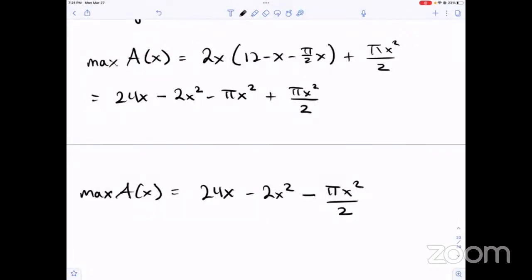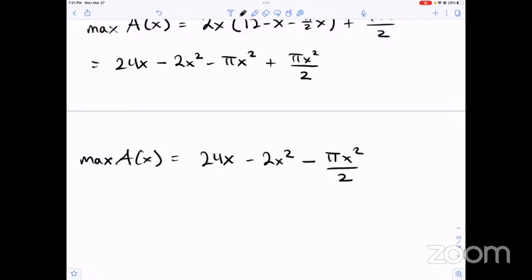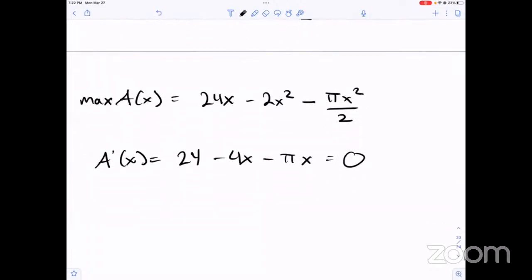So we need to look at A prime of X. So then it's going to be 24 minus 4X. The 2 comes down, minus pi X. We want to set this to 0 and solve for X. So I'm going to move those terms with X's to the right-hand side, and I'm also going to go ahead and factor.